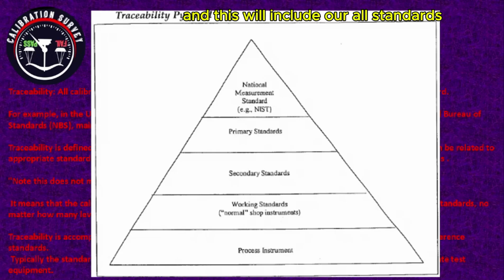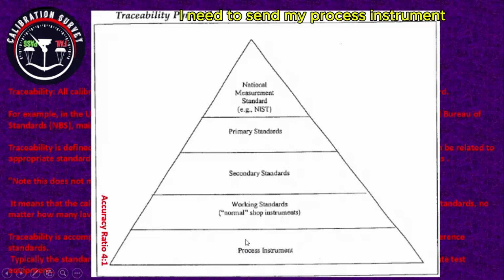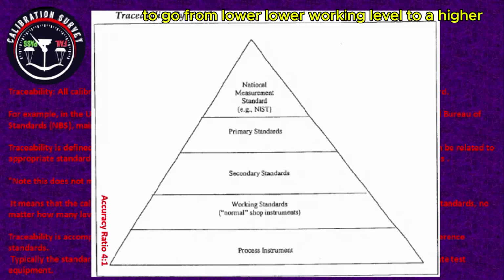and this will include all standards starting from the bottom. At the bottom, I will find my process instrument. I need to send my process instrument to a calibration lab or calibration shop, maintaining an accuracy ratio of 4:1 to go from a lower working level to a higher calibration standard.